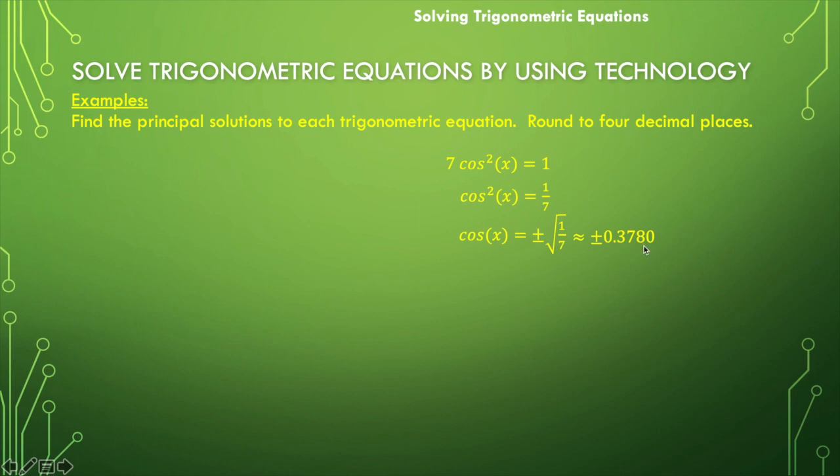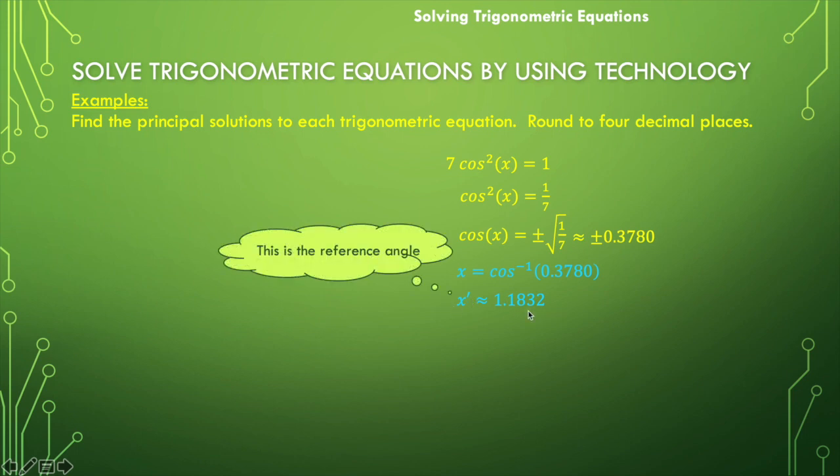That would mean x is equal to cosine inverse of positive 0.3780. And so we would get an approximation from our calculator, 1.1832. We can say that this is our reference angle because it's positive and acute. Great. All right.